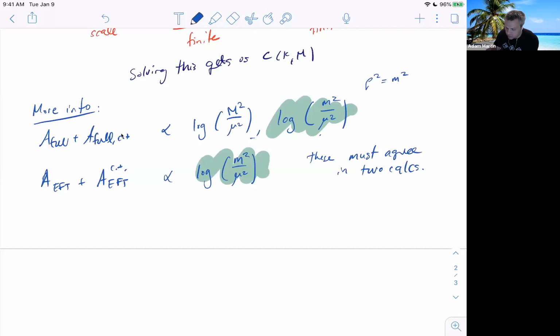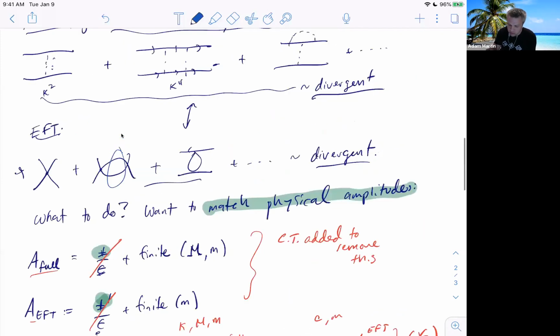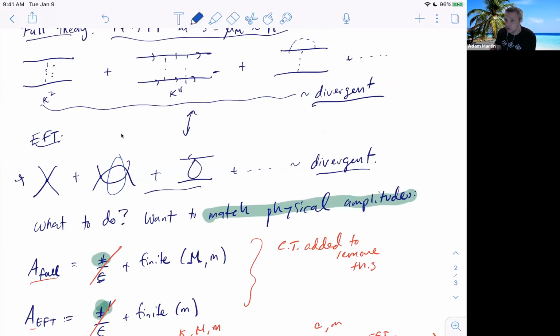Therefore, it has to reproduce the same behavior in those logs, because this is all low energy physics behavior. These things have to be equal, meaning the actual number and form that shows up in front of this log in some nasty, horrible loops here has to be exactly equal to the coefficient times the log of little m over mu that shows up in these loops here. By design, low energy physics has to be the same in those two.